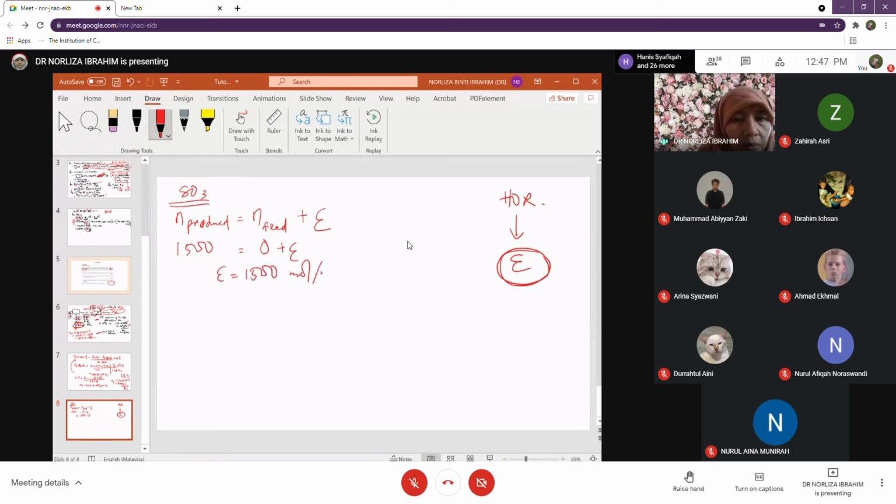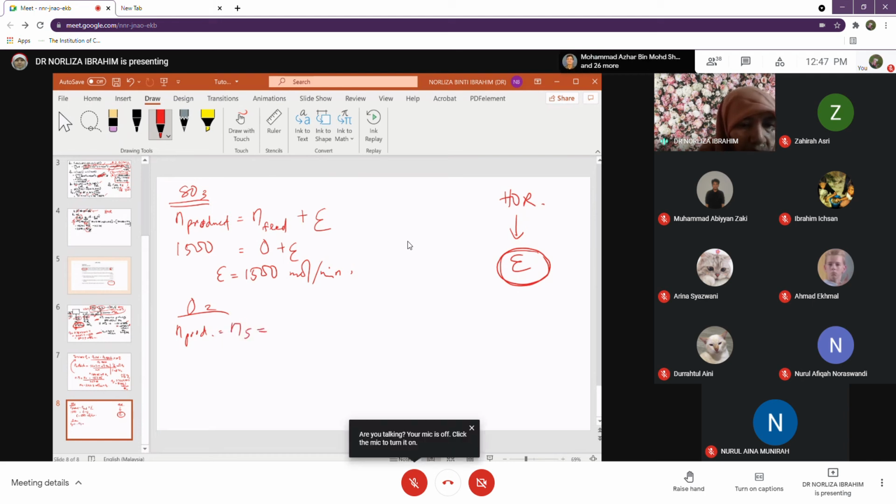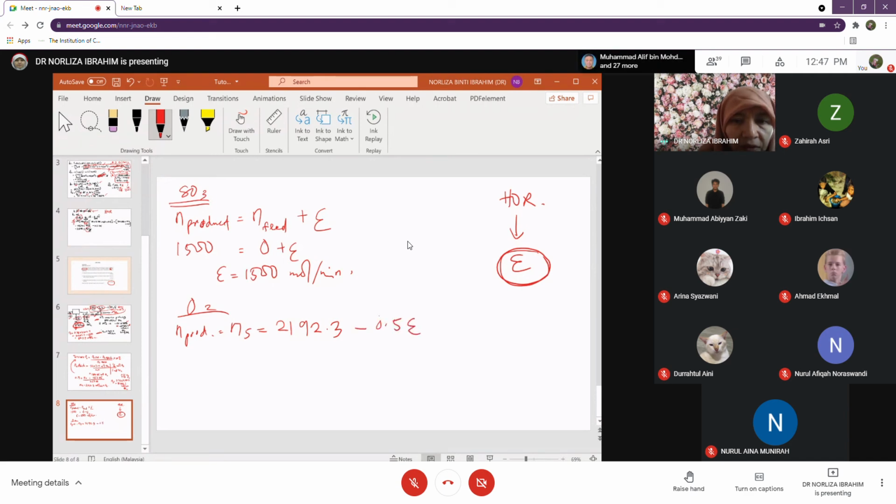So if I want to do it for oxygen, the oxygen in the product, which is my N6, equals oxygen in the feed, which was 2192.3. Oxygen is a reactant, so minus 0.5 times the extent of reaction.